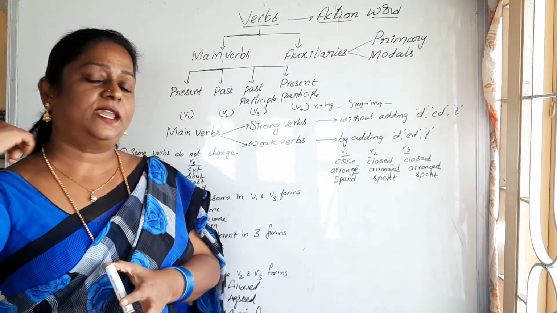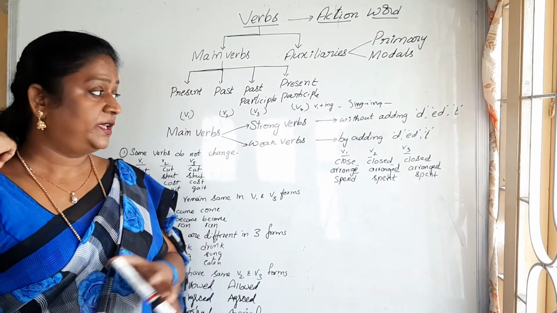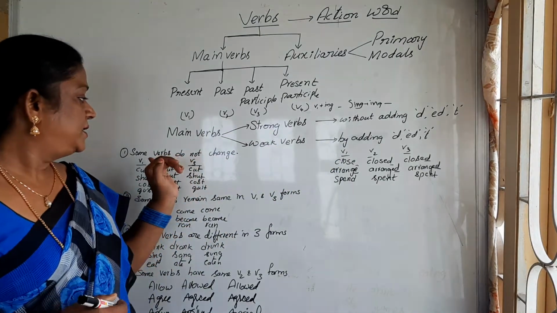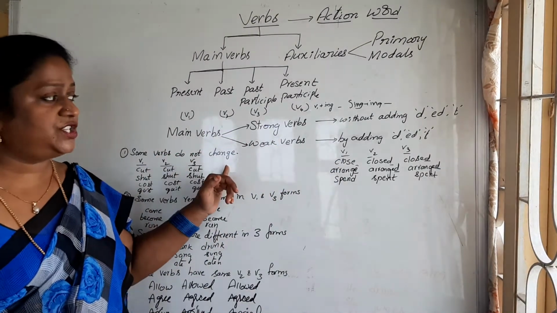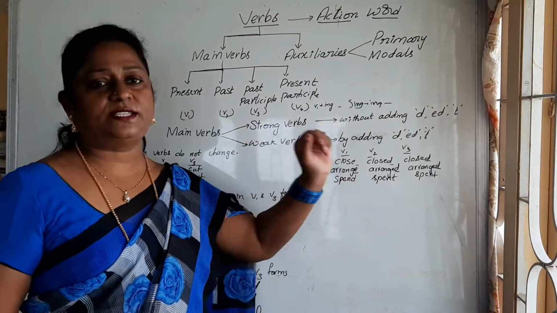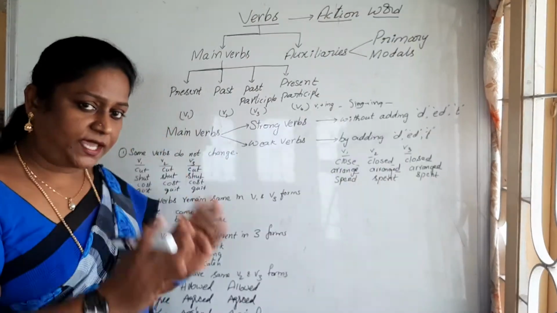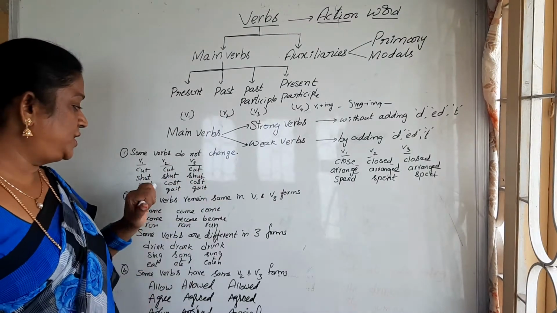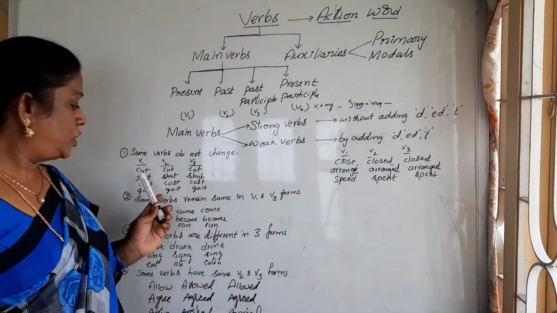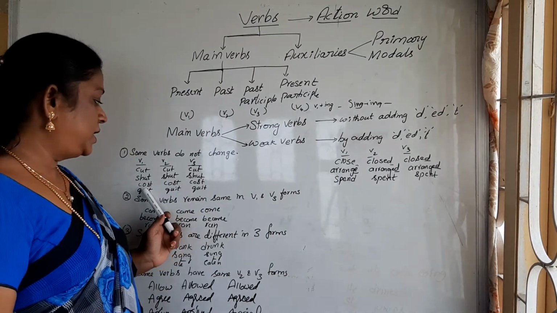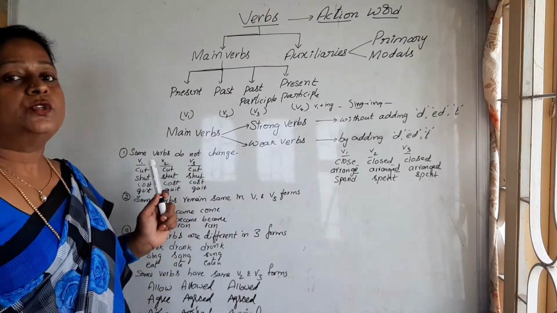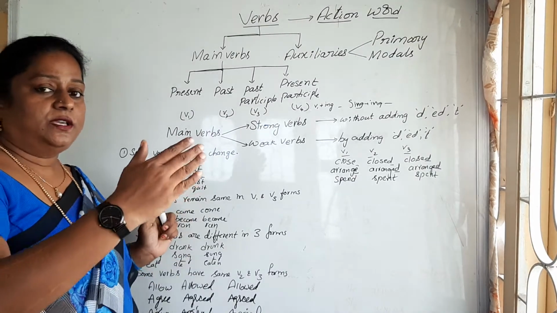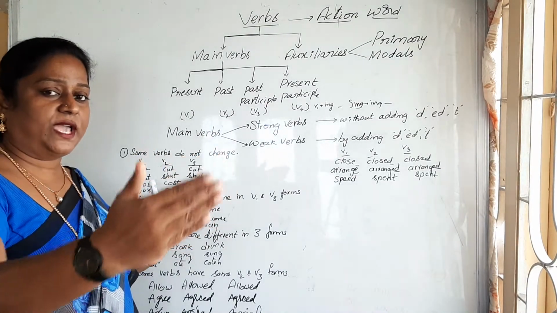And now there are different kinds of V2 and V3 forms. Now let us see here. Some verbs do not change their V2 and V3 forms. They remain same. Cut, cut, cut. Shut, shut, shut. Cost, cost, cost. Quit, quit, quit. So here the verbs do not change when they change V2 and V3 forms.